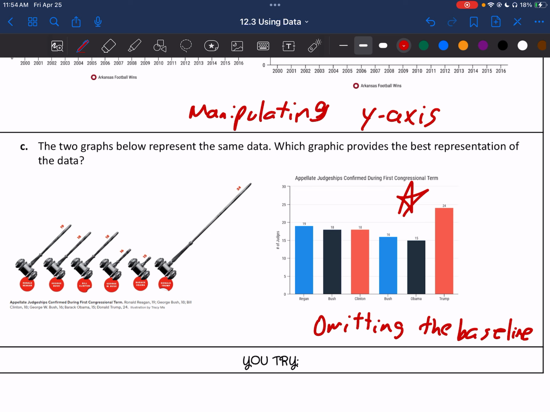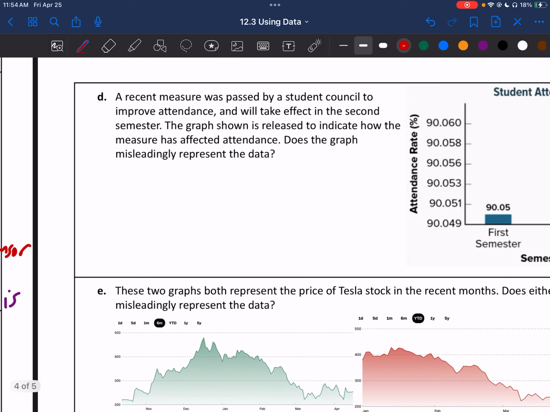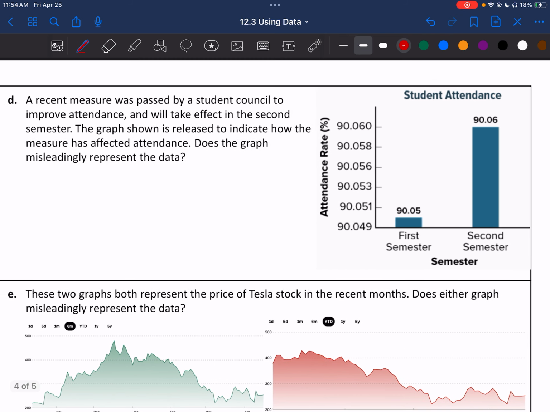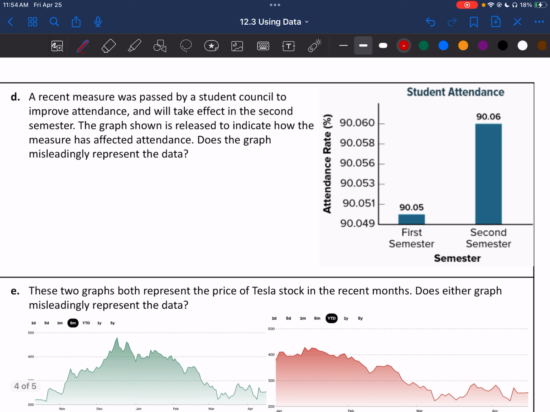So a difference of 5 judgeships is looking like it's at least doubled on the Donald Trump graphic on the left. Okay, so the way in which we represent data is significant. So the next page is all you try problems. I want you to work through them on your own and then check your work with mine.